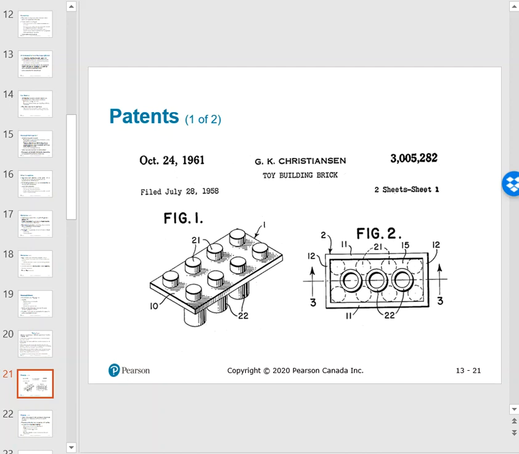So Lego filed for a patent back in 1958. And patents, differently from copyright, are valid for 20 years. Not 20 years after the author's death. No, 20 years after you file your application.